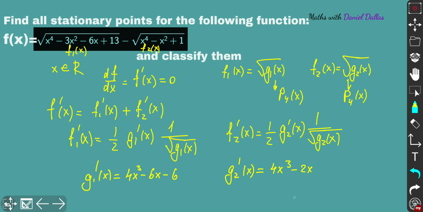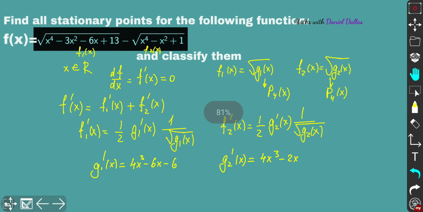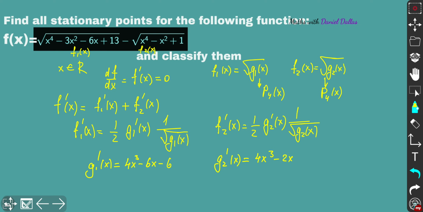If we plug back, we get the following complete structure for both derivatives. Let's plug it in: f prime from x is equal to g1 prime, 4x cubed minus 6x minus 6, over 2 square root of what we have initially, x to the power 4 minus 3x squared minus 6x plus 13.